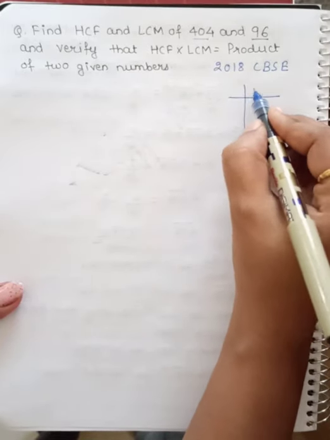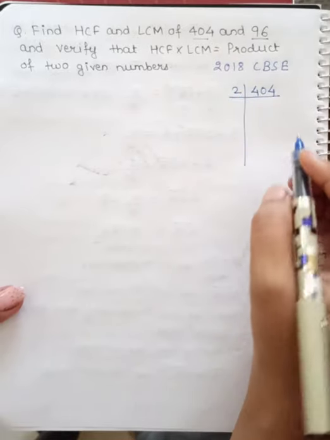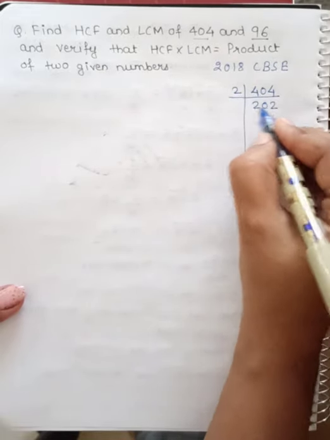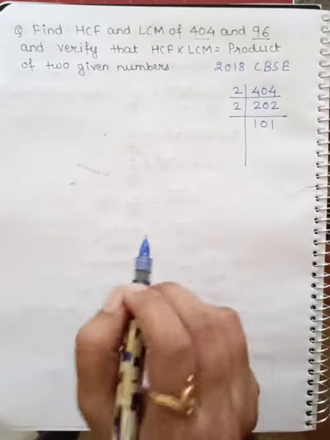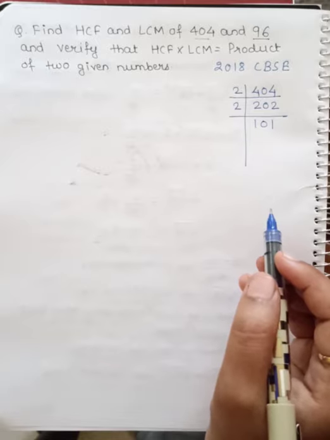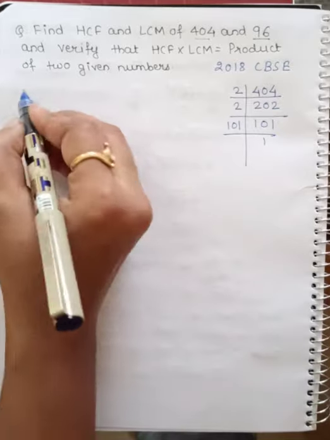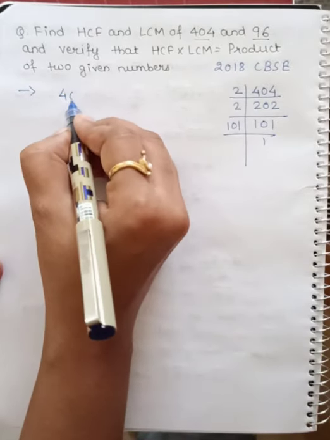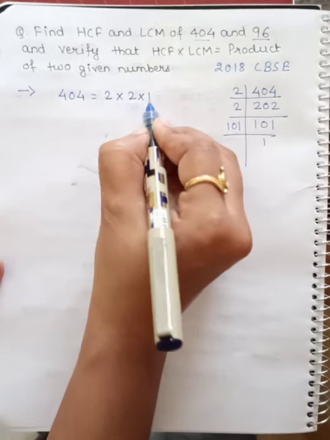So let us first find the prime factors of 404. Let us divide it by 2, 202, then again by 2, 101. Now as we know, 101 is a prime number, so it cannot be further divided. So I can write 404 as 2 into 2 into 101.